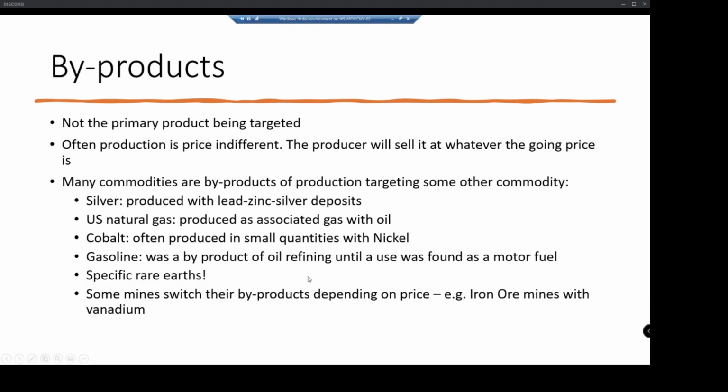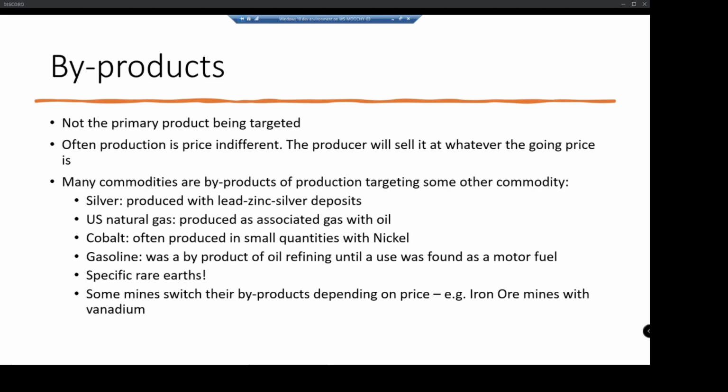This actually happened particularly with vanadium, because vanadium was at one point $100,000 a ton, whereas iron ore was $100 a ton. There are vanadium mines where it's mostly iron ore they're pulling out, but they're pulling out about 1.5% vanadium.